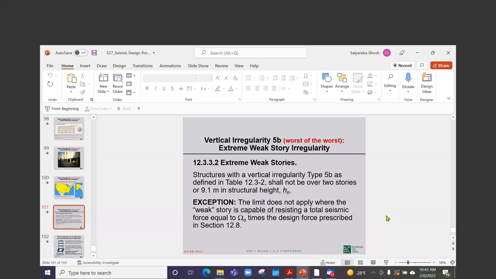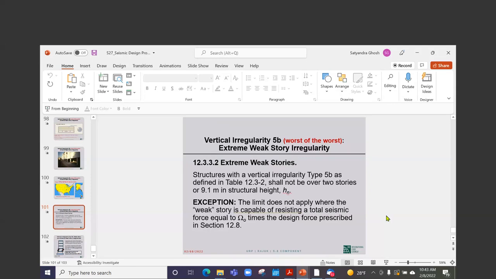You can do your drift computation under rationally computed period T with the limit C sub u T sub a, or, for drift computation only, not for force computation, this I did not say, I should have said, you can ignore the limit C sub u T sub a. You can directly use the period that you computed from eigenvalue analysis.